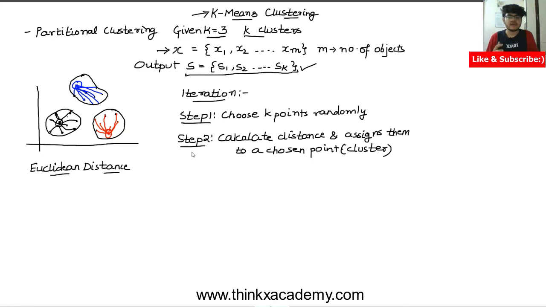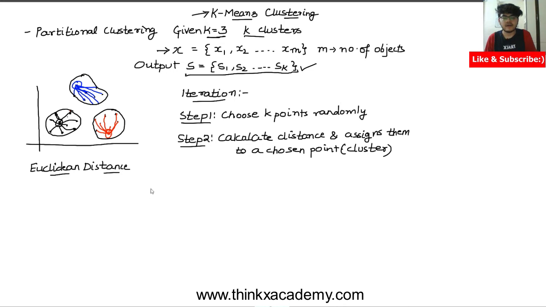So how can we say that it is optimized or not? We need to find out some criteria. We have to set up some criteria using which we can say that at this iteration the whole clusters are optimized and the whole points and the distances between them are now optimized, right? So there should be some optimization criteria.